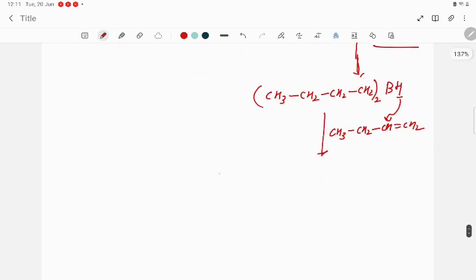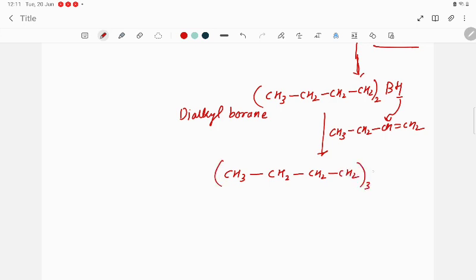Now see, the trialkyl borane you are going to get: CH3, this is the dialkyl borane, and this is what we are going to receive, trialkyl borane, CH3, CH2, CH2, 3 times B. This is called trialkyl borane.